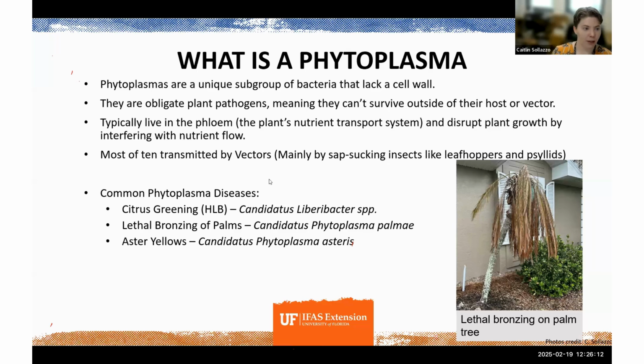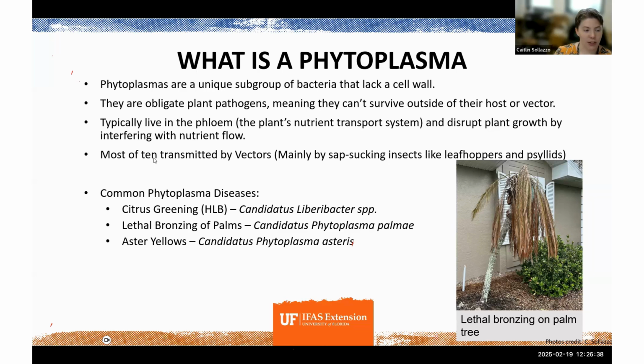So no cell wall. They are obligate plant pathogens. Again, they can't survive outside of their host or their vector. Almost always, they will live in the phloem of the plant, the plant's nutrient system, so they are interrupting the nutrients of the plant. They cause big symptoms, and a lot of times they cause death of the plant because they're interrupting its nutrient flow.